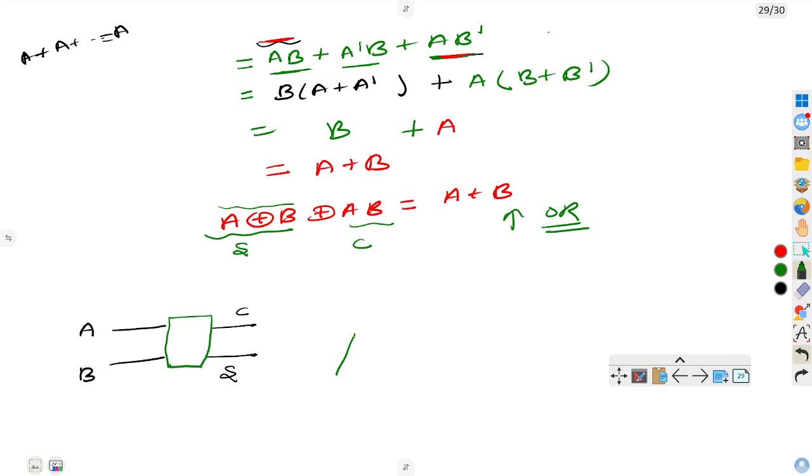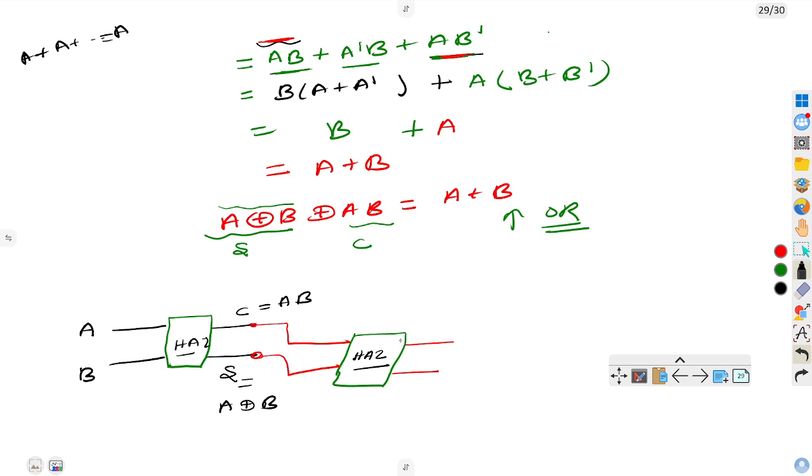Here I will place one more half adder. The C out expression is AB and this is A XOR B. So this is half adder 1 and this is half adder 2.